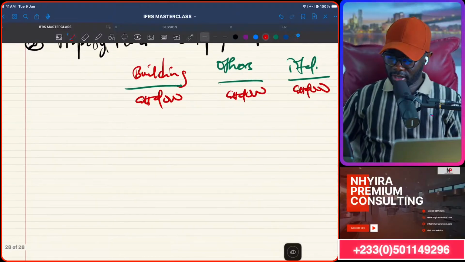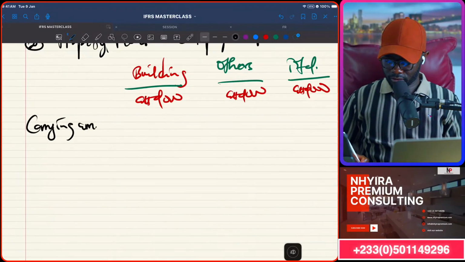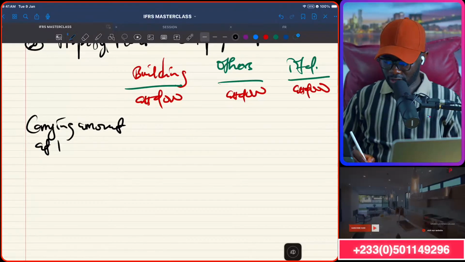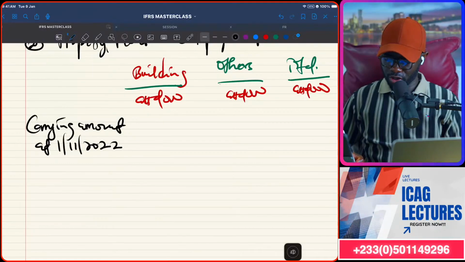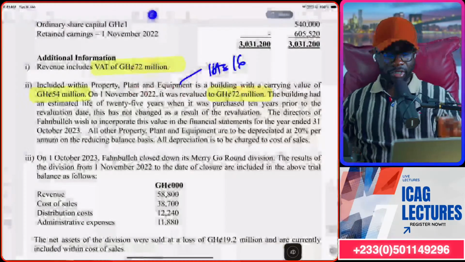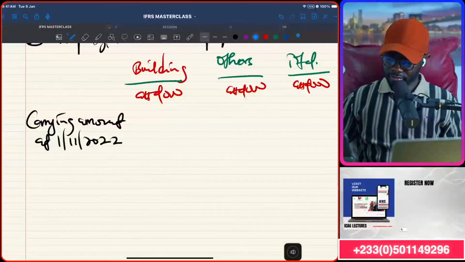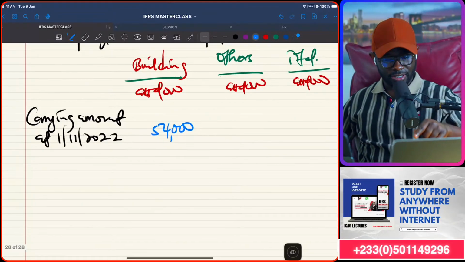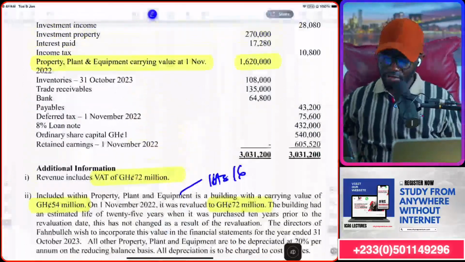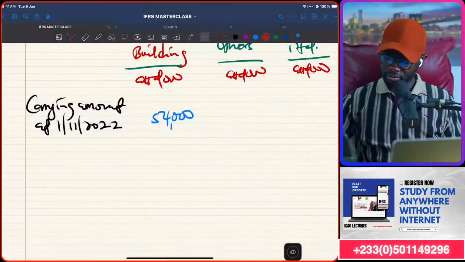There. So we bring in the carrying amount at the beginning of the year, 1st November 2022. The building carrying amount is 54 million. So that's 54,000. The others will mean the balancing figure. So the total is 1,620,000.